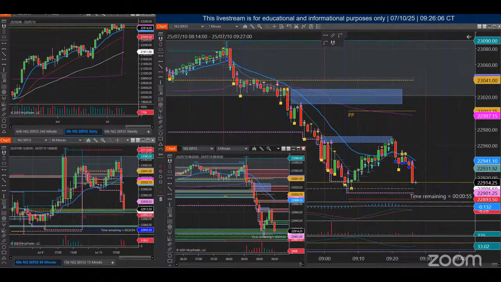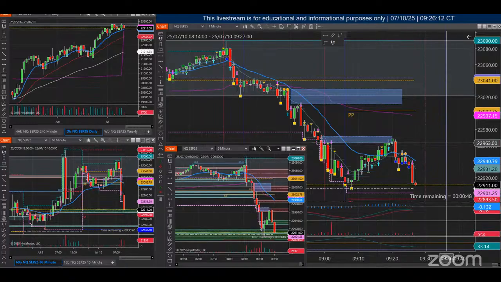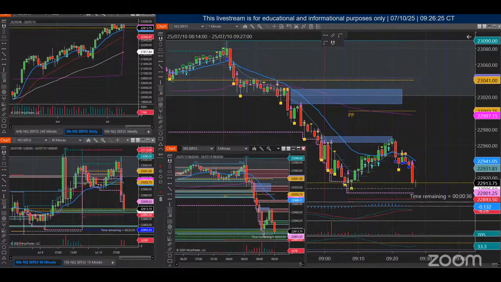All right, I have no positions and no orders in place, and yes, more than likely it will be retesting here and going further low.